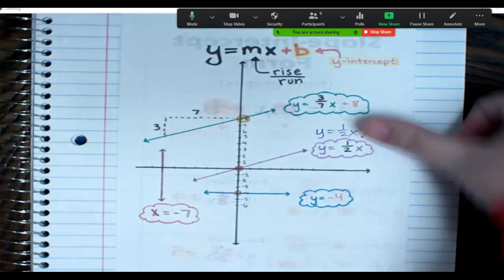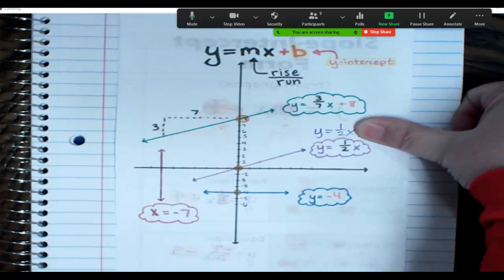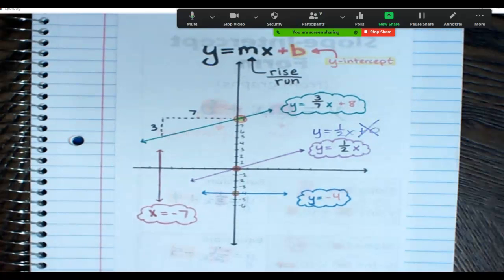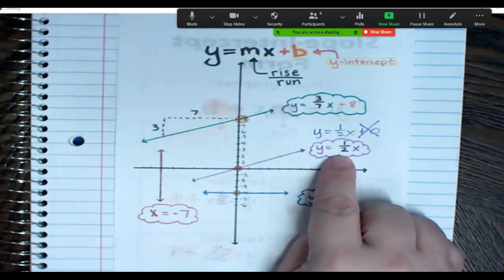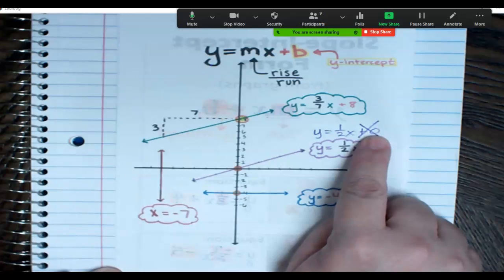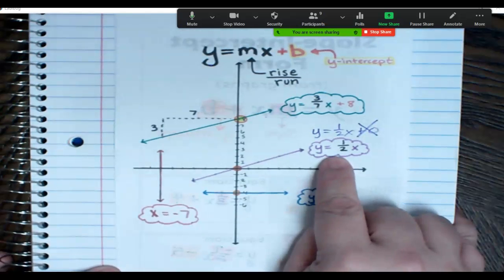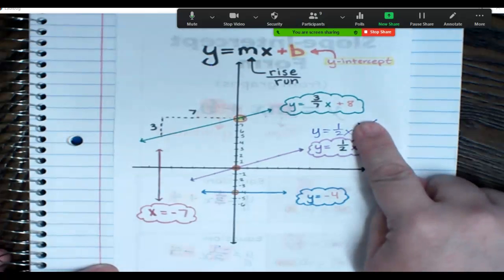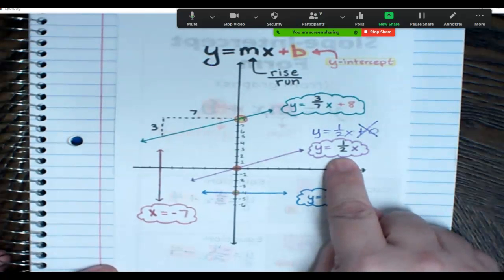So they just take it off, and you have y equals 1/2 x. They're both still technically correct, but you're going to see it written this way. So if you were doing your work and you wrote +0, would you know that this is the same thing? That's what you have to know, okay? All they did is just drop it off. That's a better way to write it. Kind of like we don't say 3 times x, we say 3x.